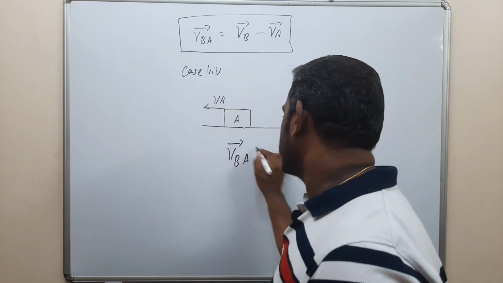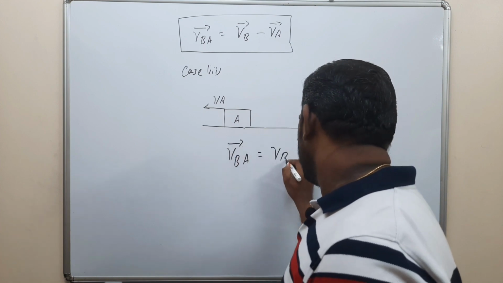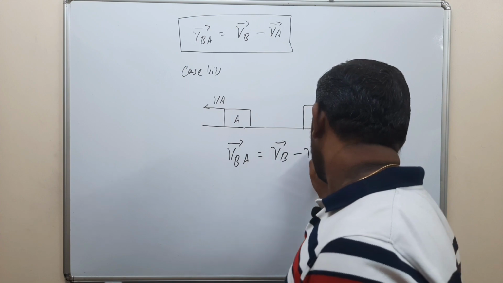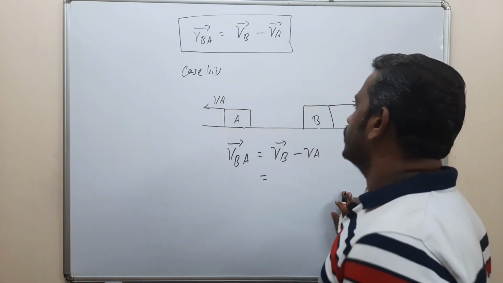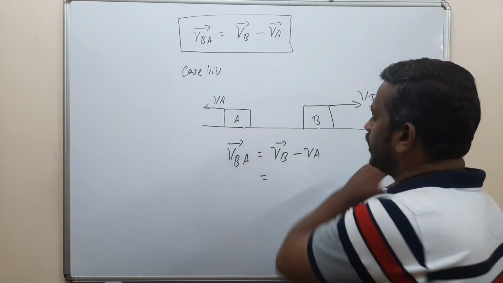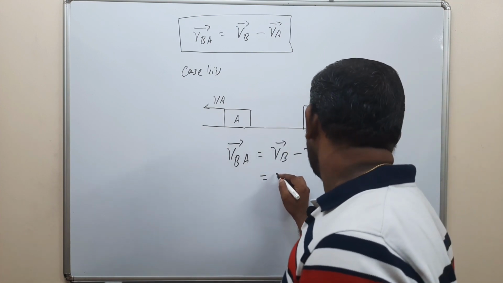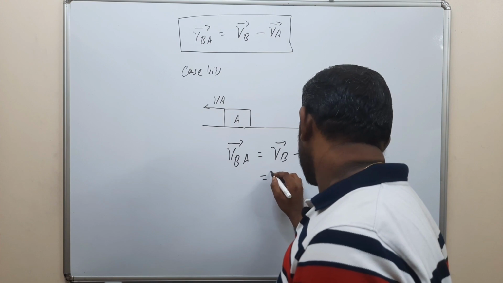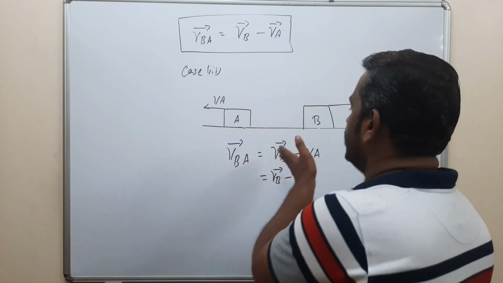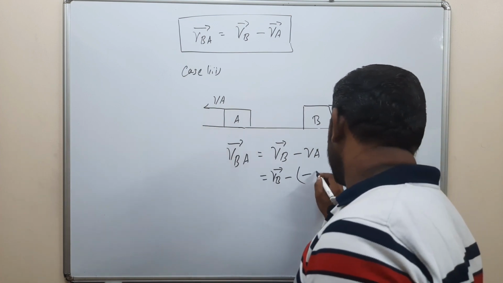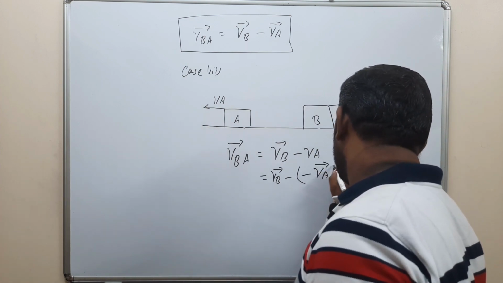VBA vector is equal to VB minus VA, that is the formula. Here VB is moving in the rightward direction, so it is positive, and VA is moving in the leftward direction, so minus VA vector.